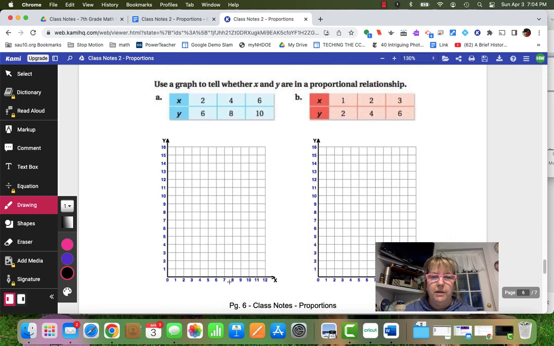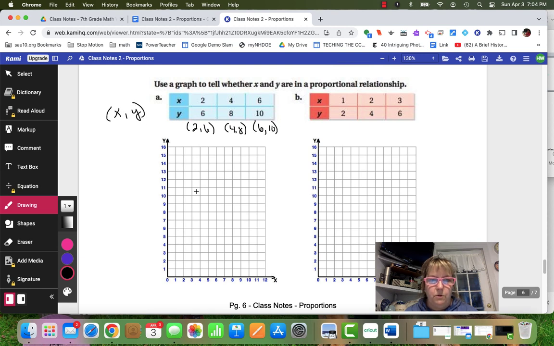So let's determine whether or not two quantities are proportional. I'm going to plot these, and I'm going to use these as xy pairs. So we will have 2, 6, and 4, 8, and 6, 10. Remember, it's always the x and y pair.